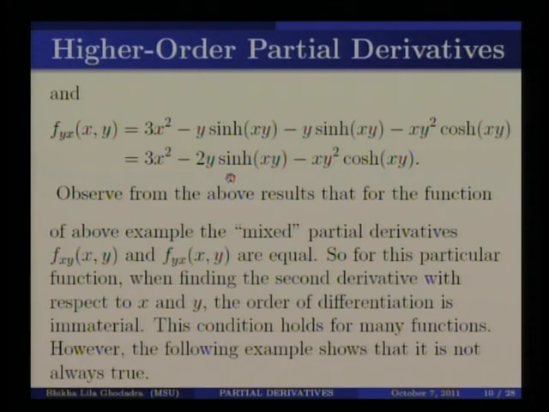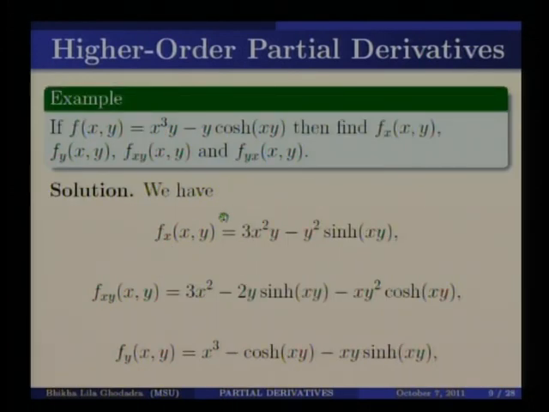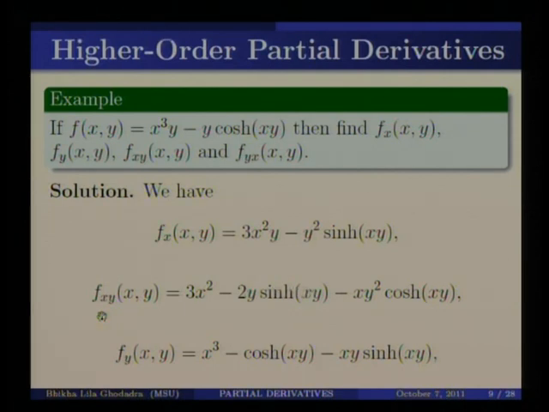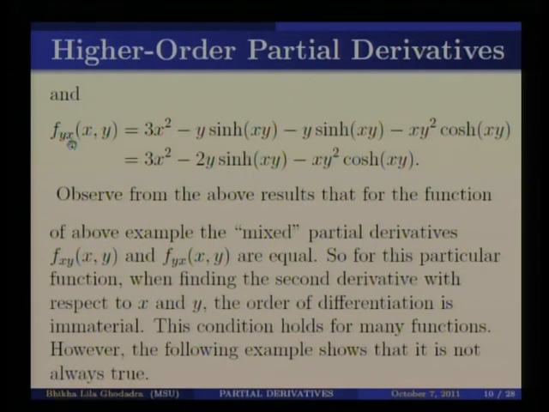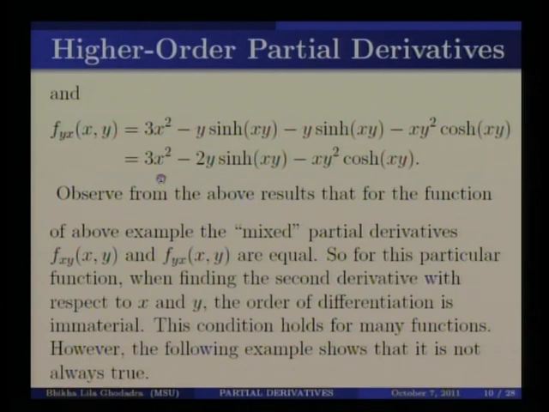Now you can observe here that fxy, the derivative of f with respect to x first and then with respect to y, is this value: 3x squared minus 2y sin hyperbolic xy minus xy squared cos hyperbolic xy. And we can see that fyx at xy is also 3x squared minus 2y sin hyperbolic xy minus xy squared.